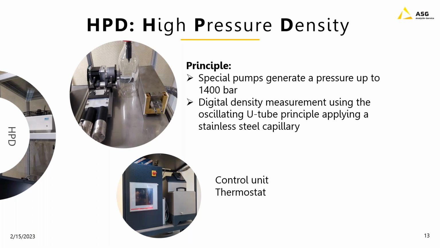And because of the high pressures, we have to use, of course, a stainless steel capillary. What you see here is the control unit and the thermostat for producing correct temperature for the density measurement.